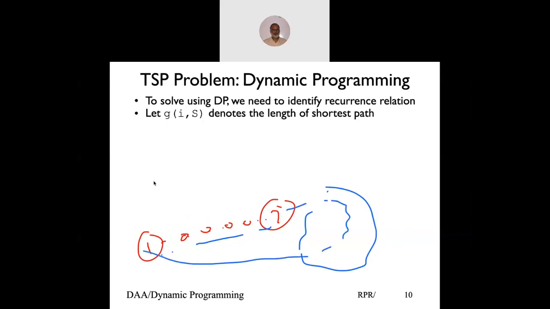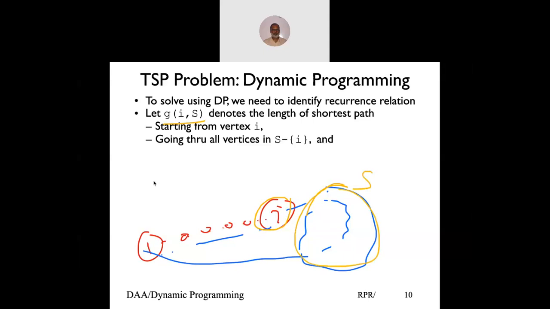So what I'm saying is G(I, S) denotes the length of the path starting from vertex I, through the remaining set, the remaining S minus I vertices, and coming back to vertex 1. Please note, we're starting at vertex I, visiting the remaining S minus I vertices, excluding I, because we are already at I, and these are vertices we already visited.